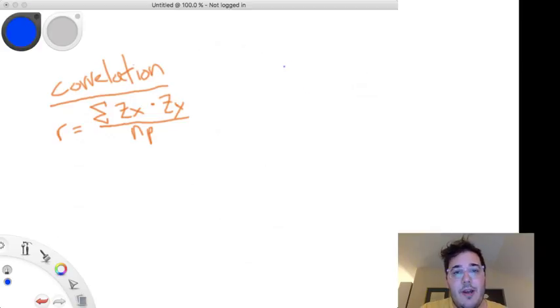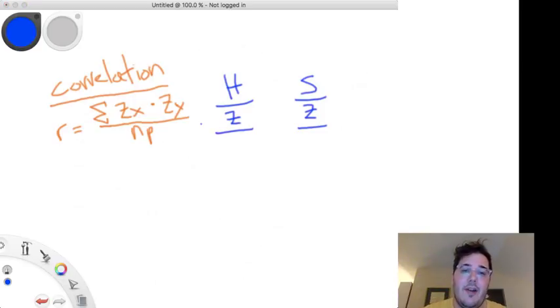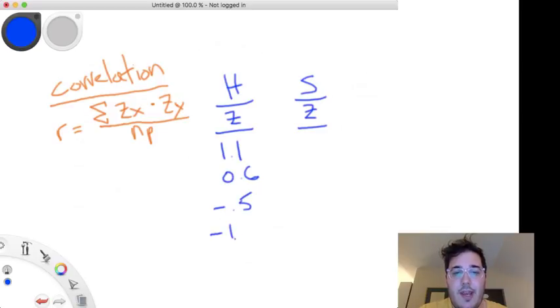So remember, let's say we have height and speed, and I have the z values for each. Assume I've been given z values, and I have things like 1.1, 0.6, negative 0.5, negative 1.3, and for speed I have 1.4, let's say 0.2, negative 0.8, and negative 1.2.